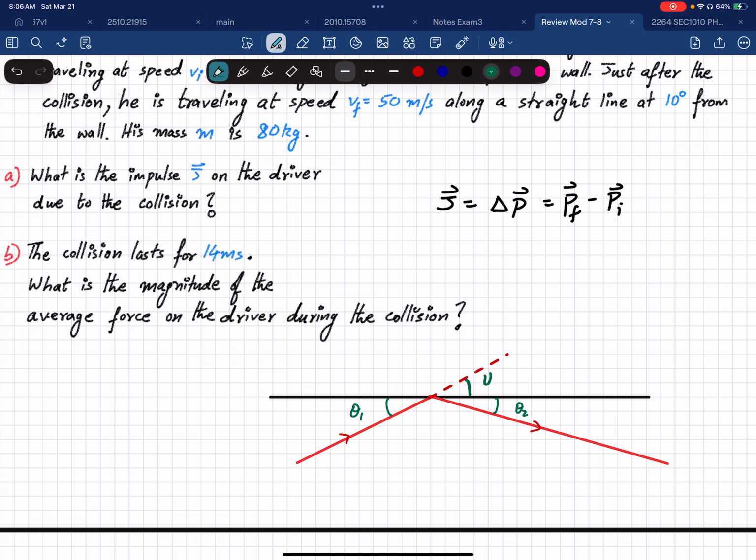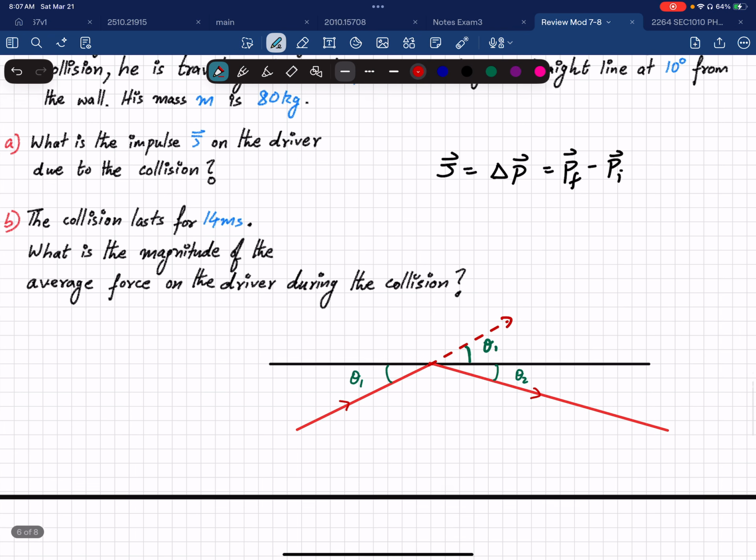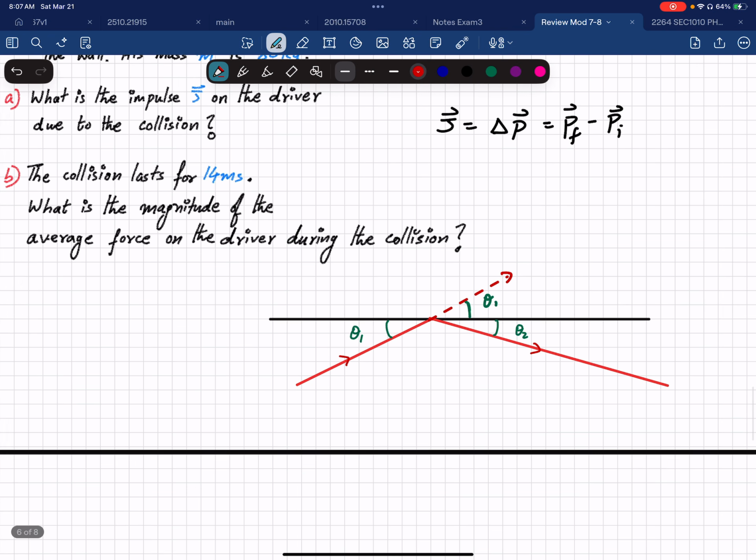This is where your knowledge of vectors is very important. The moment you write down your momentum very clearly in vector form, and you do the vector algebra, which is vector subtraction here in this problem, then you're pretty much done.